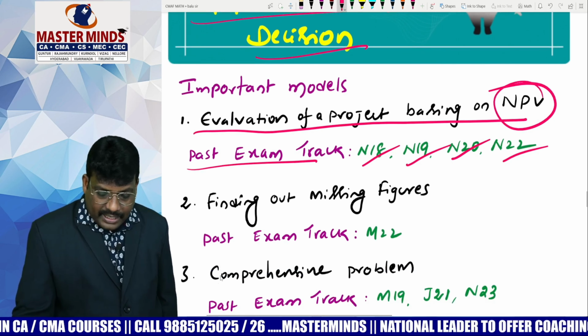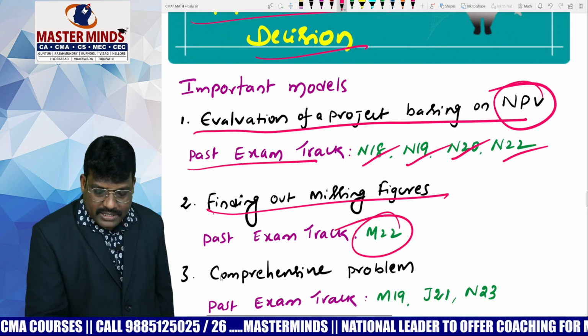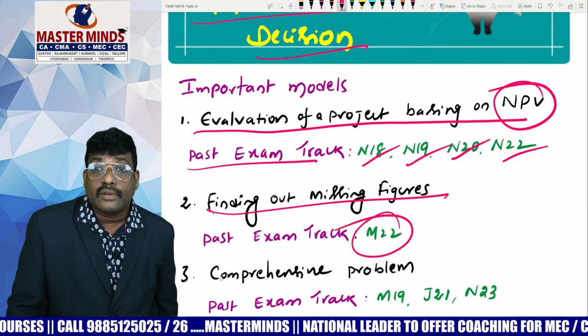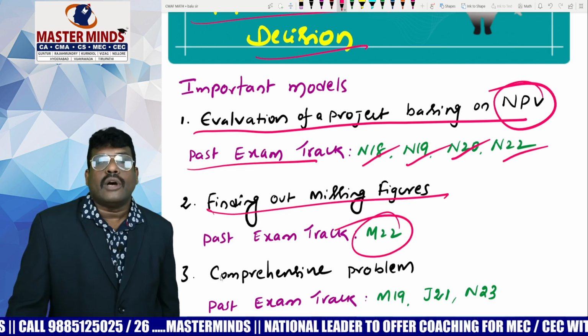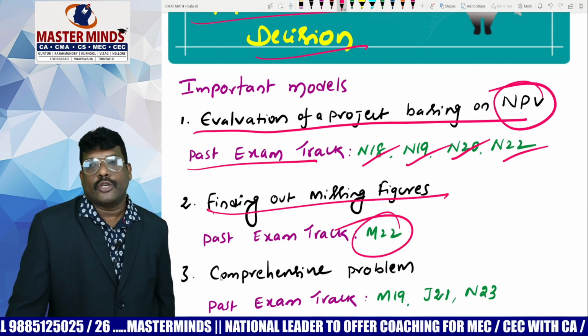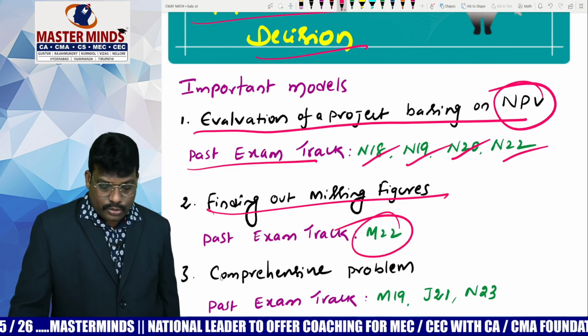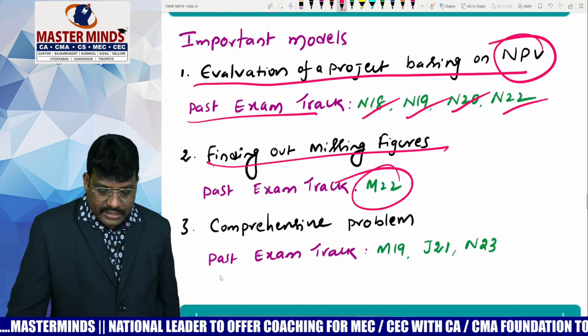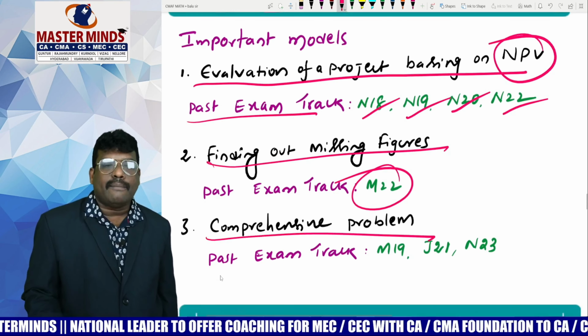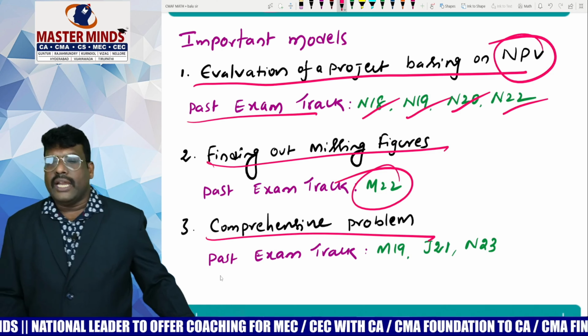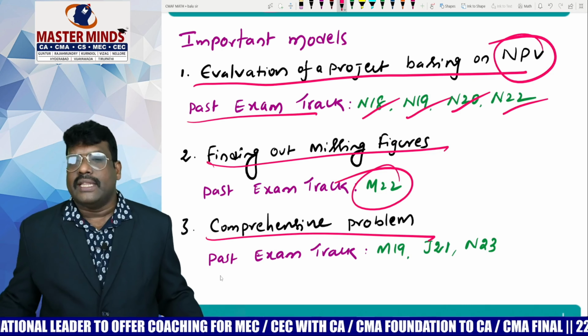And thereafter, in the second model, they will ask you to find some missing values. Missing value is also very, very important. So they ask you cost of capital, they ask you IRR, when NPV and cash inflows data are given, right? So pay attention to this model also. Thereafter, comprehensive problems. Comprehensive problems means not only NPV; all the methods collectively they may ask you.